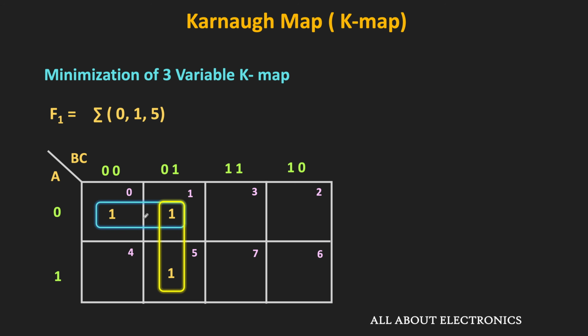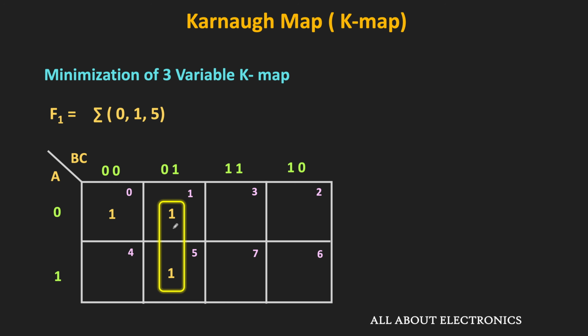So first of all, let us consider this group. In this group, if you see, the variable c is changing, while the variables a and b are fixed. Therefore, for this particular group, we will consider the variables a and b, and we will ignore the variable c. Moreover, since the value of a and b is 0, this group represents a bar dot b bar. Similarly, let us see the second group.